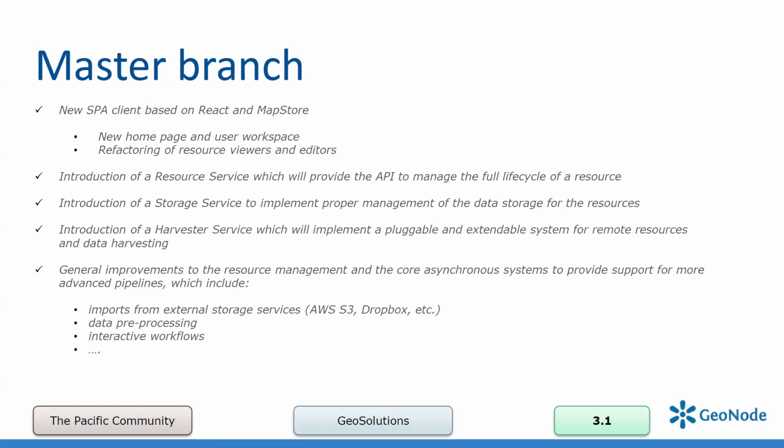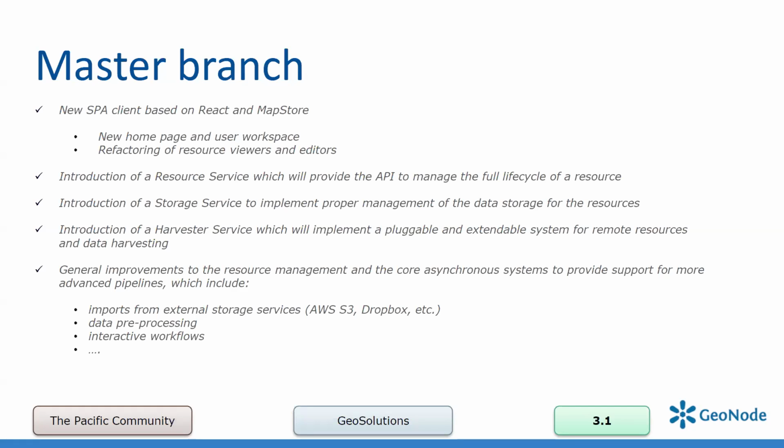The idea is that the storage service sits there waiting for files and data to be brought into GeoNode through an upload, through a harvesting, through an import, whatever. They reach the storage. We can put some controls also on the storage, for example quota, rate control, and so on.